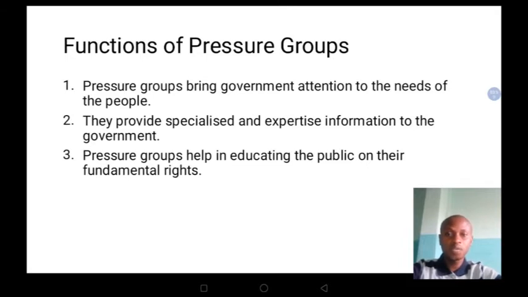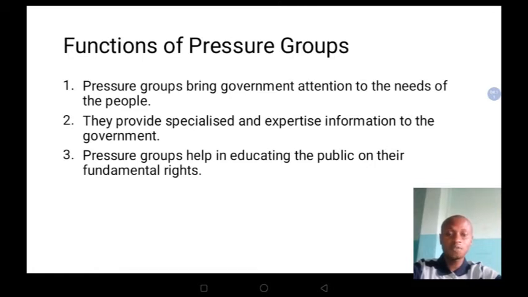Now, pressure groups help in educating the members of the public, not just even their own members. They can educate them, enlighten them, sensitize them as regards their fundamental human rights. Some of their members may not know their rights, may not know that they have right to express their needs to the government.